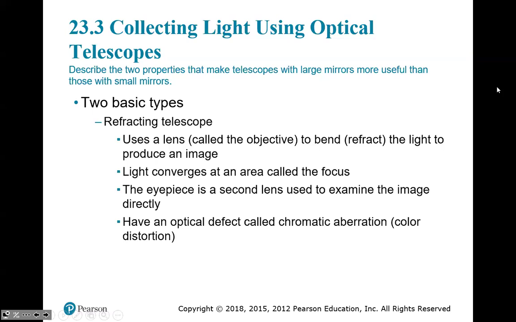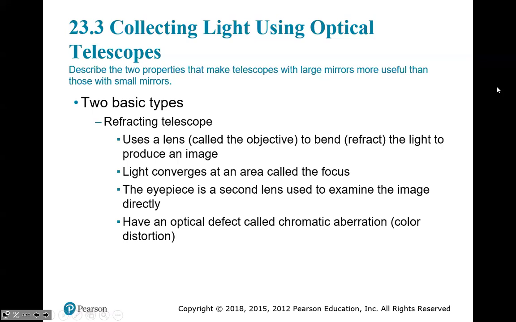And that spreads and distorts images and spreads out colors. It can be a real issue. So there are ways to correct for this. Camera companies spend an enormous amount of money to do this, which is part of why camera lenses are so complicated and expensive. But this is one of the issues with refracting telescopes.